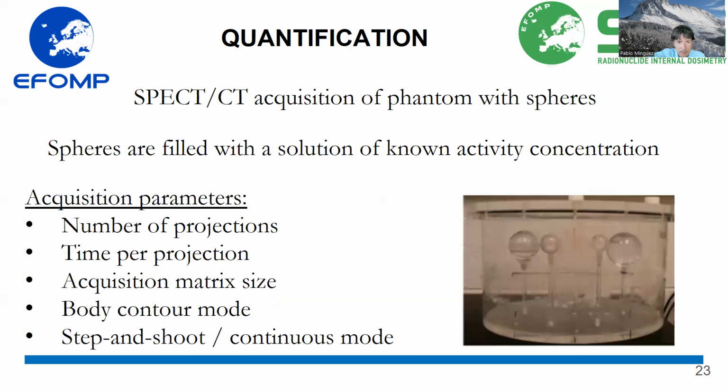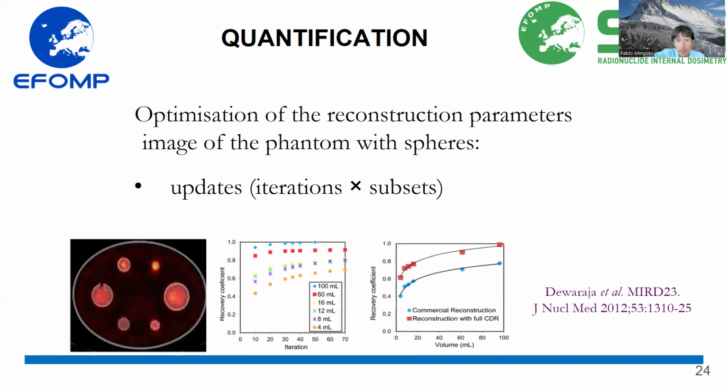In this case, for the acquisition, we should use the same acquisition parameters as before. And with these spheres, we can try to optimize the number of iterations. Here we can see a graph with different spheres of different volumes and different numbers of iterations.